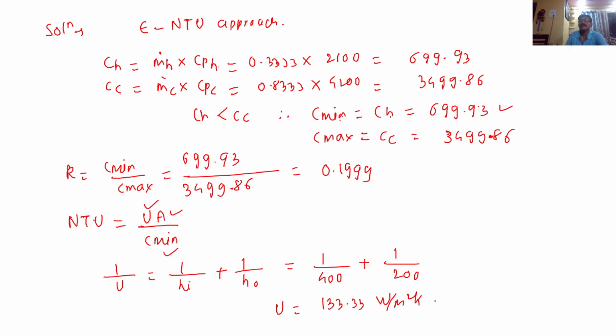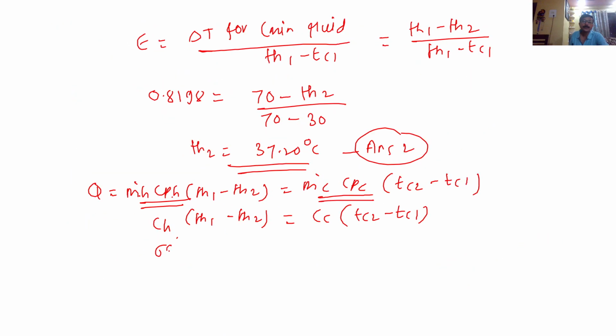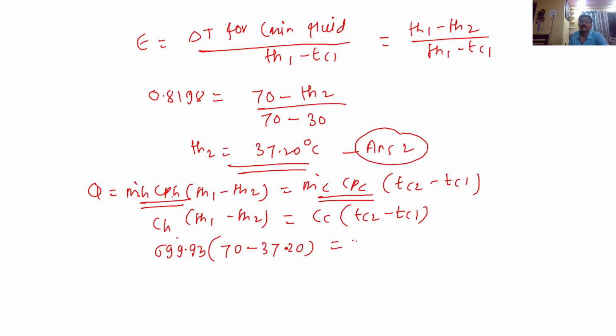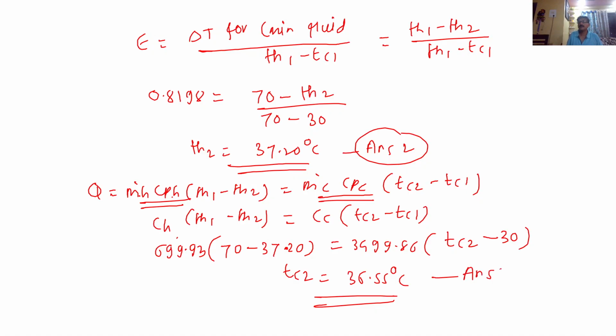Ch is 699.93, Th1 70 minus Th2 37.20 is equal to Cc, 3499.86, times Tc2 unknown minus Tc1 30. If I solve this, the answer of Tc2 comes as 36.55 degrees Celsius. So this is answer 1. This is the end of the problem.